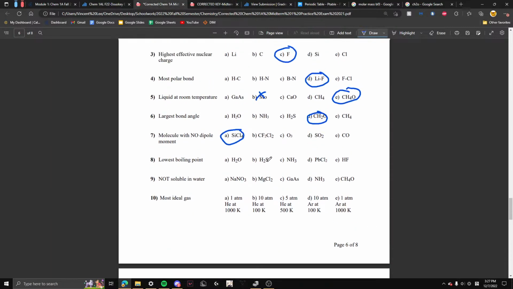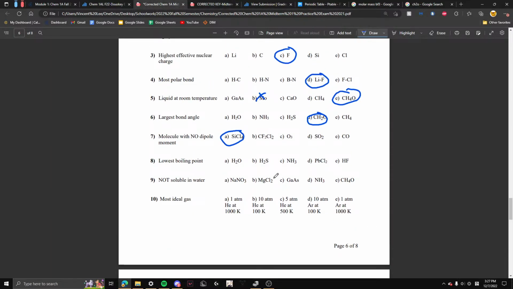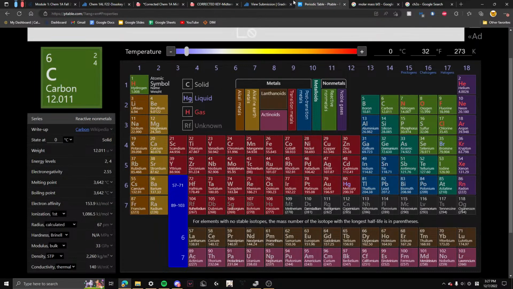Lowest boiling point. Again, look for stuff with the weakest intermolecular bonds. NH3 can H bond to itself, H2O can H bond, PbCl2 has an extremely strong dipole because it's Pb, which is lead. Where's lead? Pb. Here.